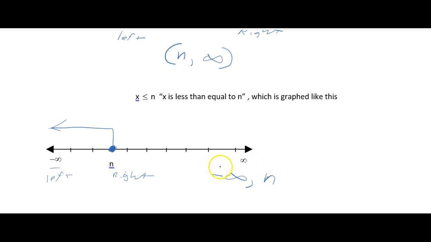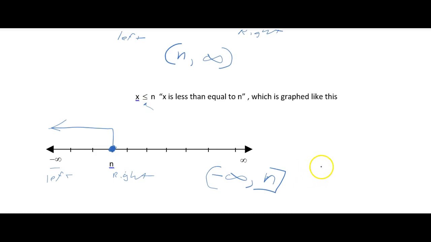Now, next to the negative infinity is never included, so that's a nice round parenthesis. The n in this case is included because of this equal sign, so I use a square bracket. So this tells me I start at negative infinity and go up to and include n. Those are all my possibilities for this inequality.